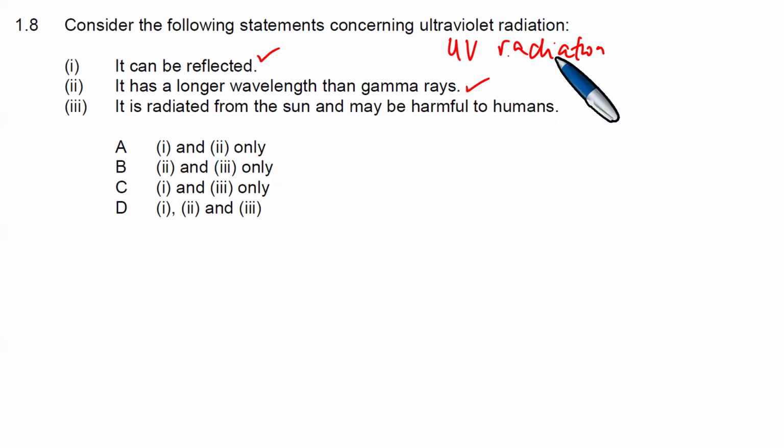Yes, UV rays are from the sun, because if you are exposed to the sun too much, they cause sunburn. If you go to Durban and you're on the beach for too long, you can experience some sunburn because of the UV radiation. It is radiated from the sun and it is harmful to humans.